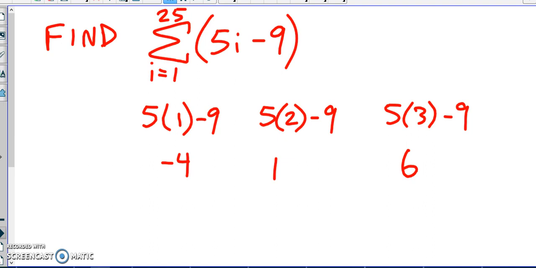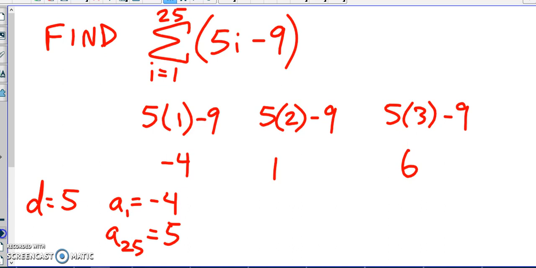So notice that each one of these is 5 apart, so the common difference is 5. The first term is negative 4. And the 25th term, which would be the last term, would be 5 times 25 minus 9, which would be 116.